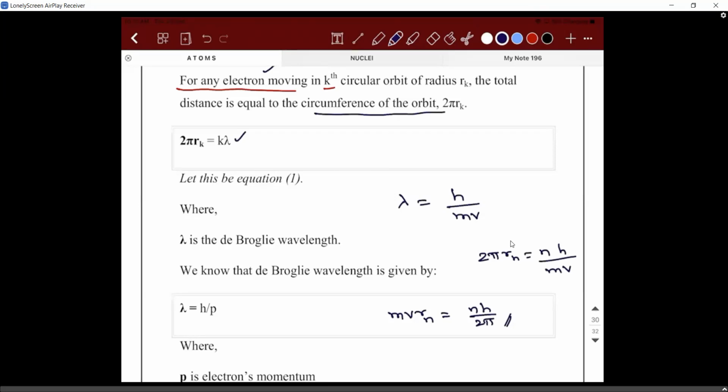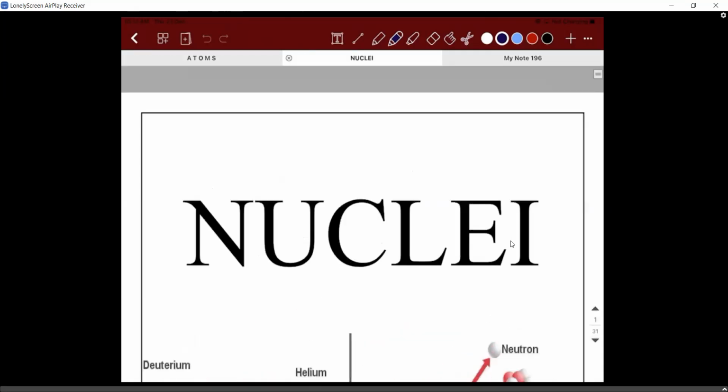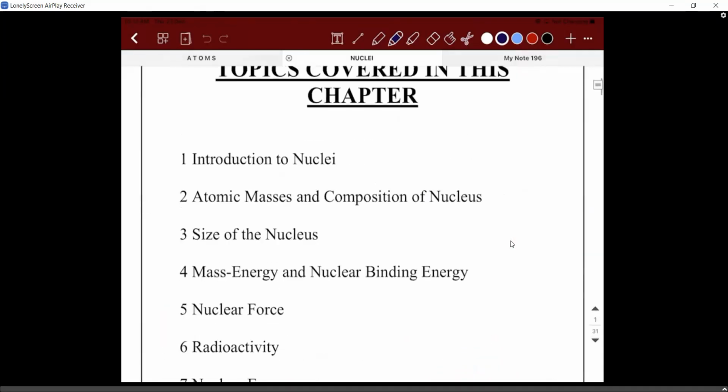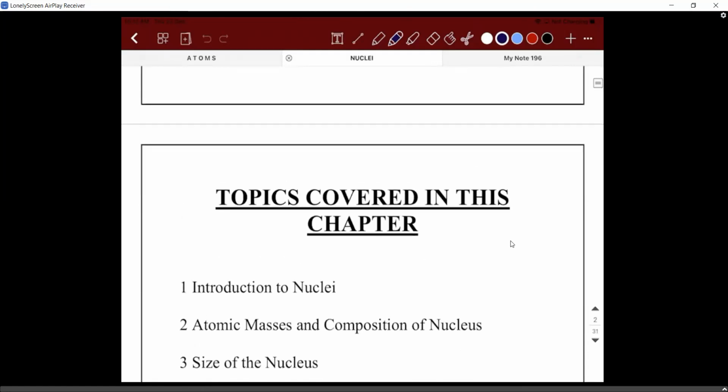Okay, I'm starting the nuclear chapter. It is very, very simple. You people already know this. Radioactivity is deleted. Atoms, it is completely there.